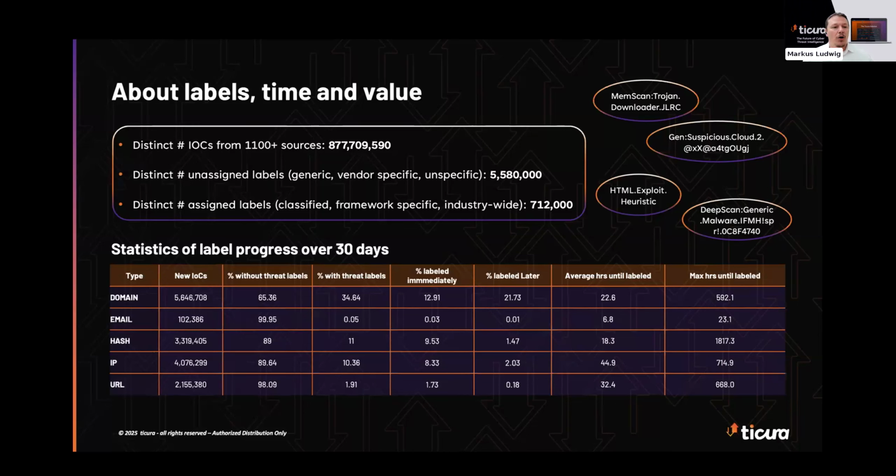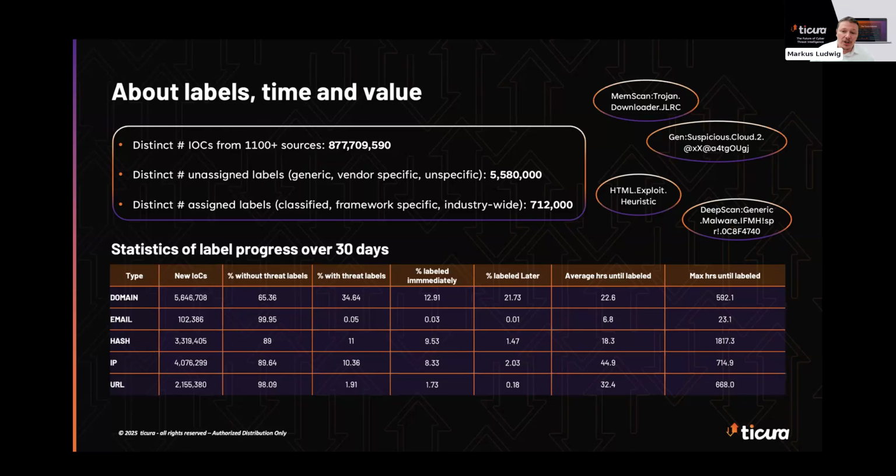It's questionable how much you can actually go with those numbers, but the overall message is most of the indicators that we see are not labeled at all. And if they are labeled, even if they are labeled later, the time till they are labeled can average 6 hours or even months, if you look at the maximum column here.